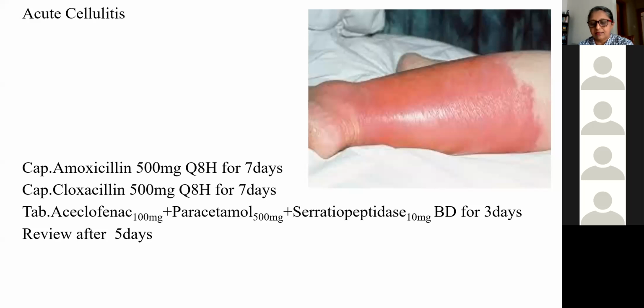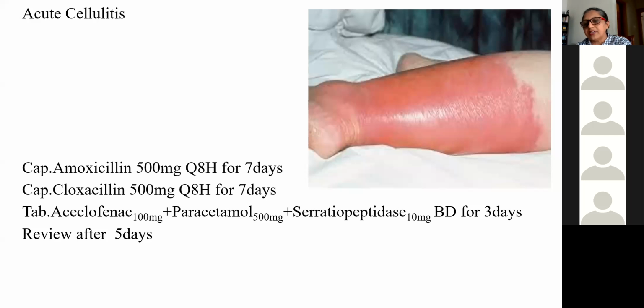We had a class on peptic ulcer, no? So you should know the drugs. So at least one drug you can say. One drug for peptic ulcer. No idea?